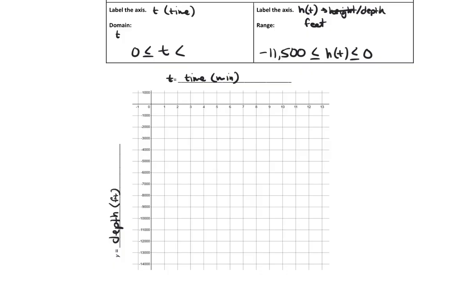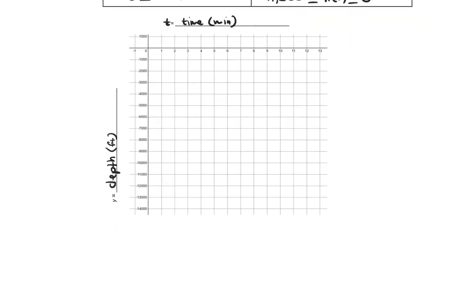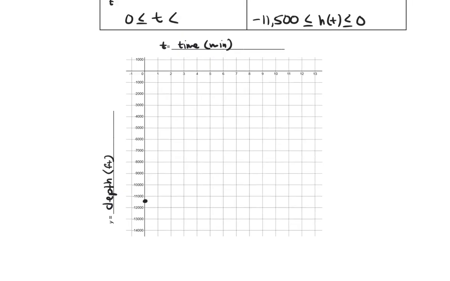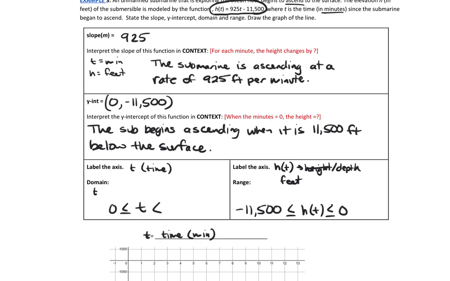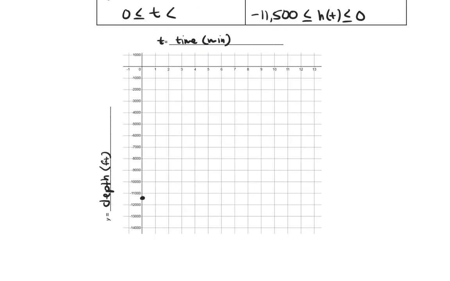So now we're going to graph this thing. Okay, so we've got negative, let's put a dot here, negative 11,500. Okay, we're going up by 925. I believe that's what it was, 925 feet per minute.